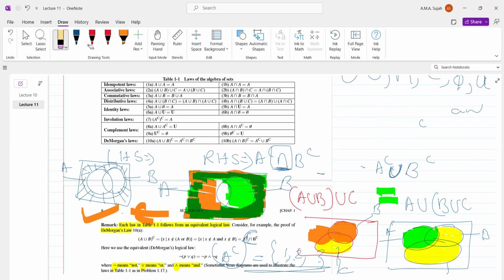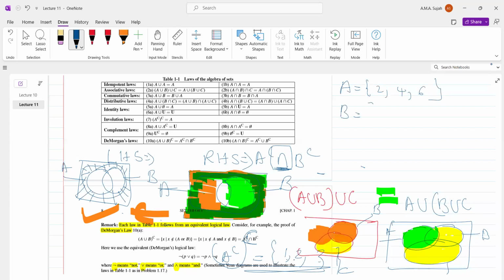Another way to prove whatever the laws, right? Just imagine a set A. A contains elements 2, 4, 6, right? B contains elements 1, 3, 5, 6, right?